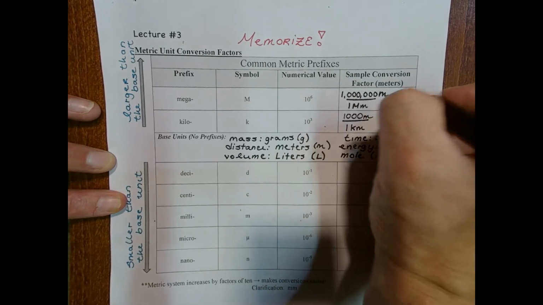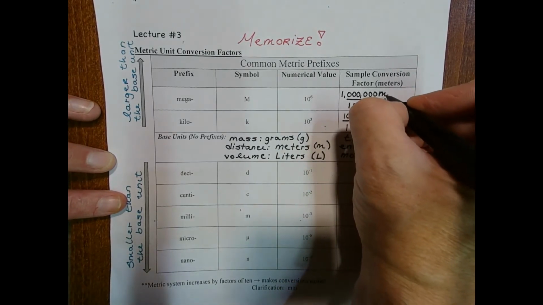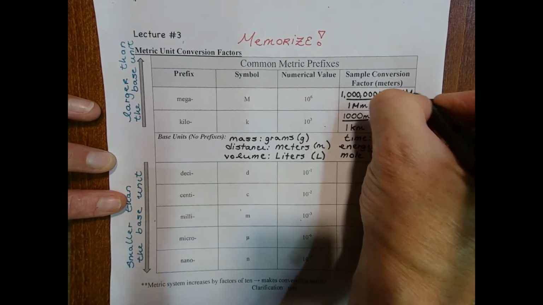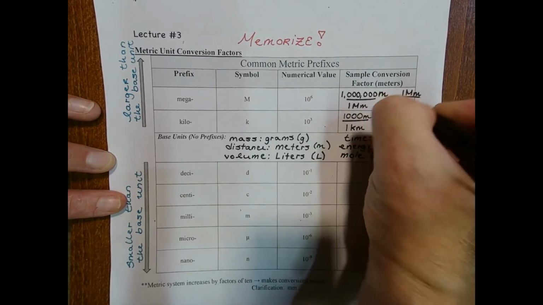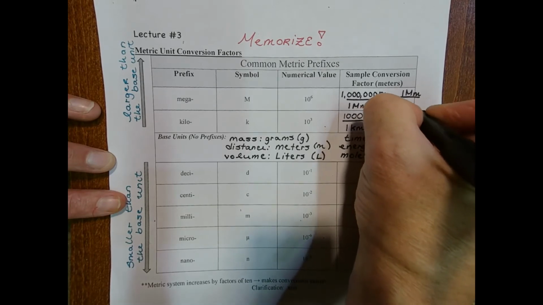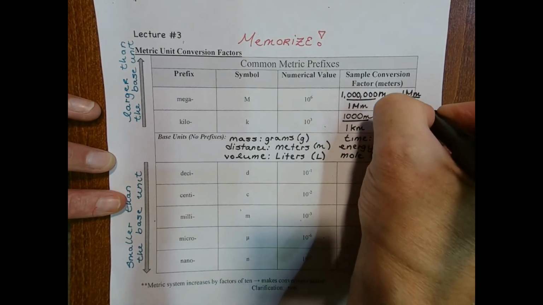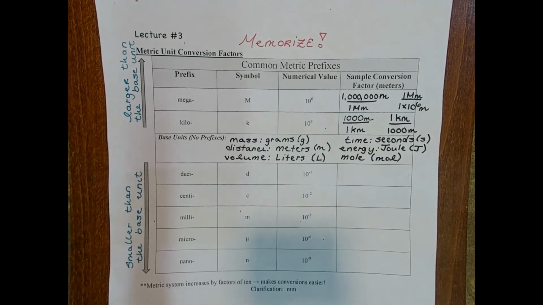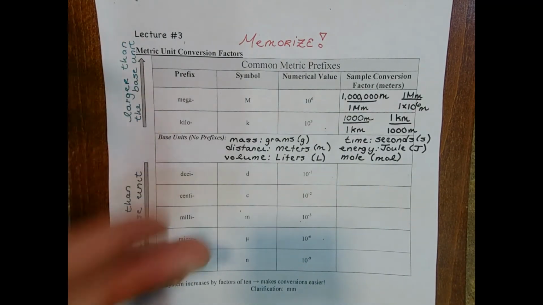We can also flip that, and to save some space, I'm going to use scientific notation. So I could say 1 megameter has 1 times 10 to the 6th meters in it. All right, so those are larger.